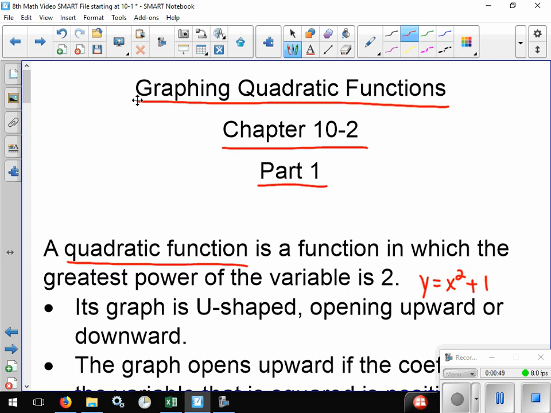What they mean here is that for a quadratic function, the greatest power of the variable, being x, is 2. Okay? So when we talk about quadratic functions, we're talking about something like x squared plus 1, or x squared plus 2, or 3x squared plus 1. Always, the x is always going to have a squared with it, always.